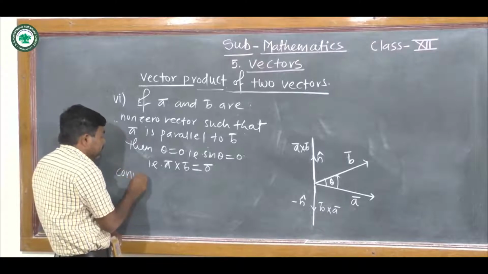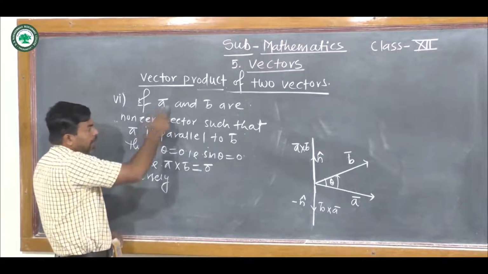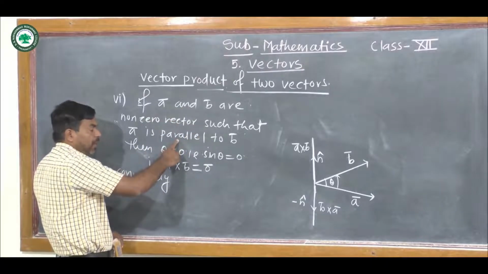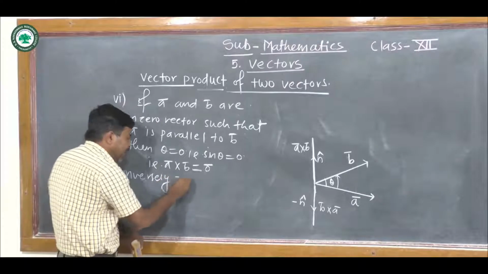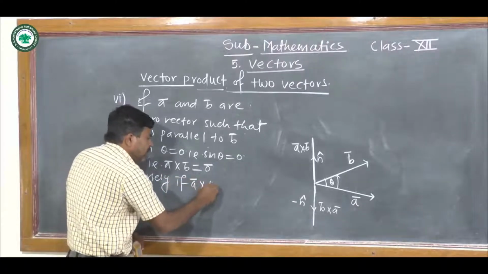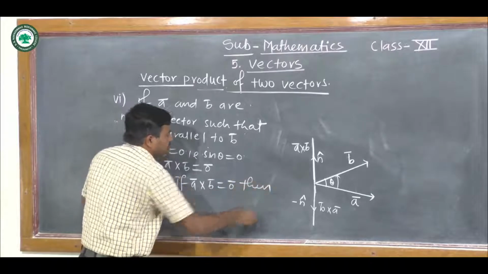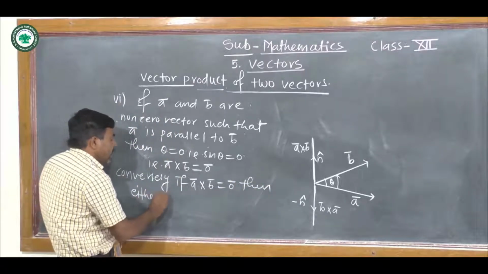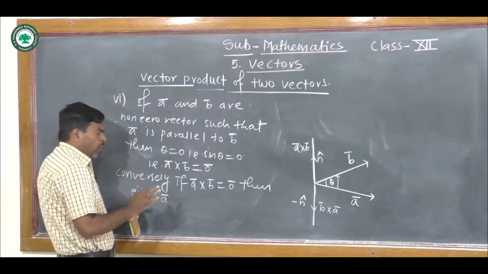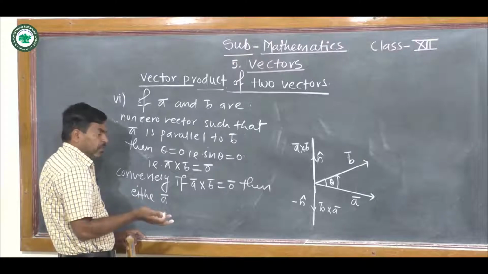Conversely, now see, if A bar and B bar are parallel, then their cross product is 0. Now conversely, if A bar cross B bar is equal to the 0 vector, then we don't know whether A bar and B bar are 0 vectors or non-zero vectors.